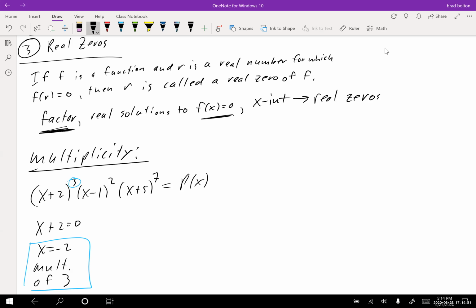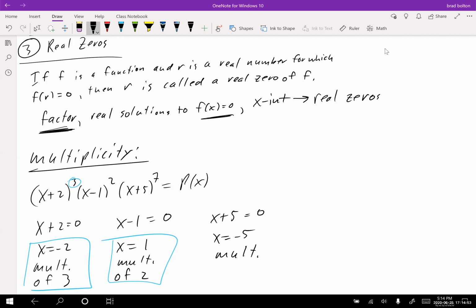Over here we have x minus 1 equals 0, that means x equals 1. This has a multiplicity of 2. And then let's do one more. x plus 5 equals 0 means that x equals negative 5. This has a multiplicity of, you guessed it, 7.